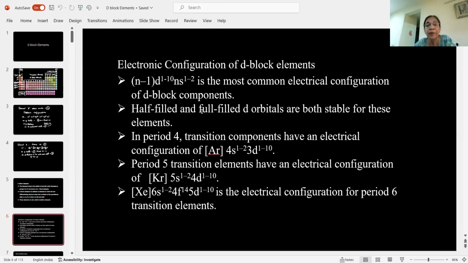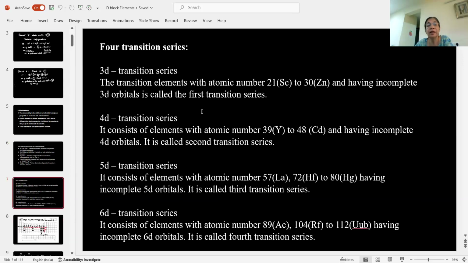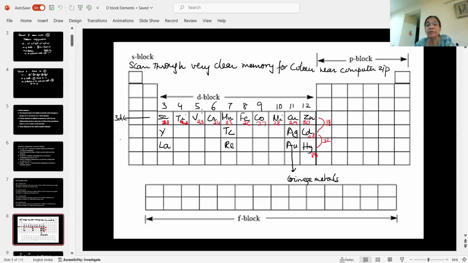This is how you write. 3D series lies in the fourth period, and we call it 3D because the last electron goes into the 3D shell. I had given this sentence to you to remember the order. You should know all the 10 elements of the 3D series, that is scandium, titanium, vanadium, chromium, and all that.